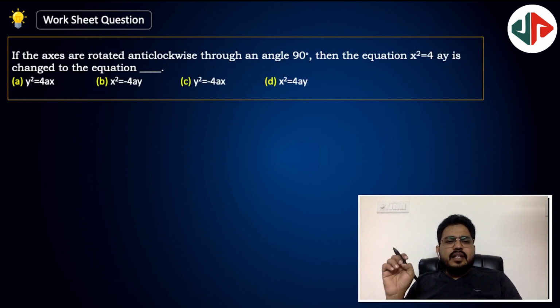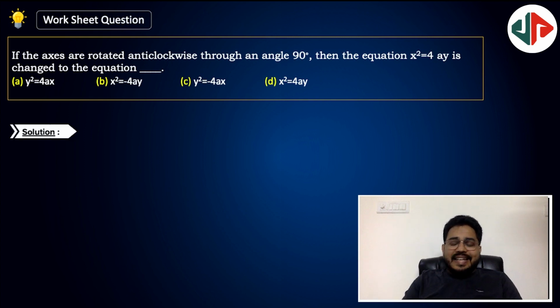If the axes are rotated in an anti-clockwise direction by angle theta, then x square is equal to 4ay is changed to what? Here you people need to understand the axes are rotated, so theta is equal to 90 degrees.